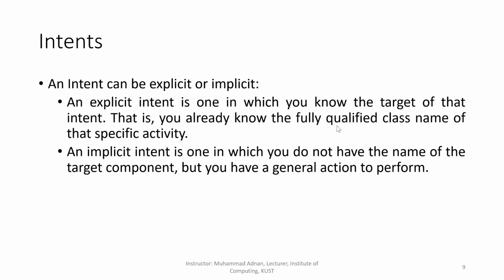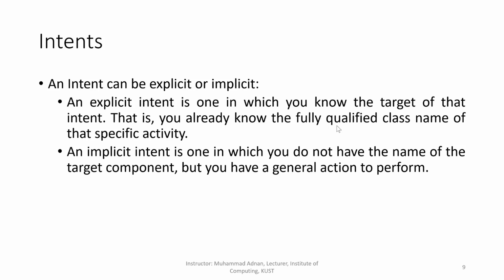Whereas in an implicit intent, you do not know the exact name of your activity. An implicit intent is one in which you do not have the name of the target component, but you have a general action to perform, like sending an email or opening a text in a browser. There can be many browsers, many email apps, or many options available to you when you are performing some type of action.